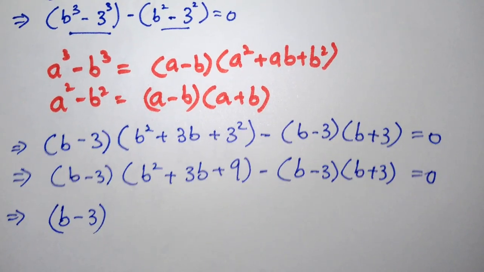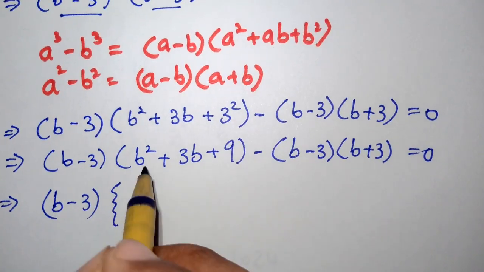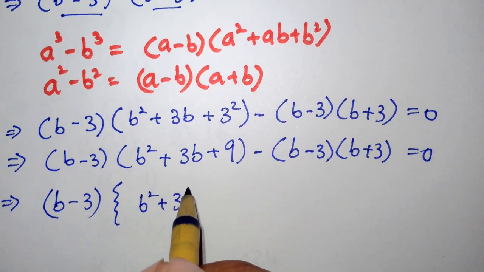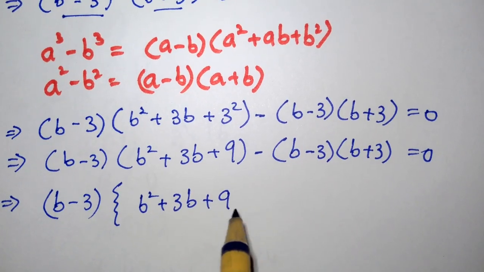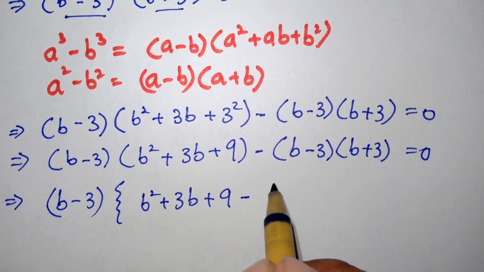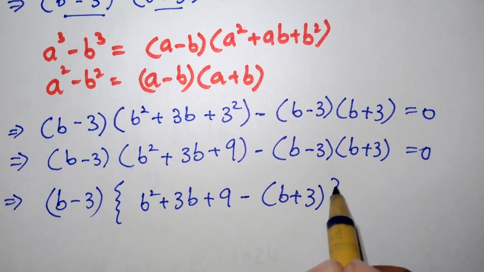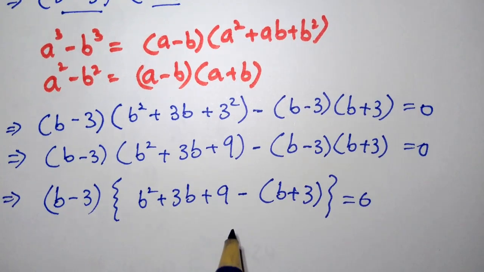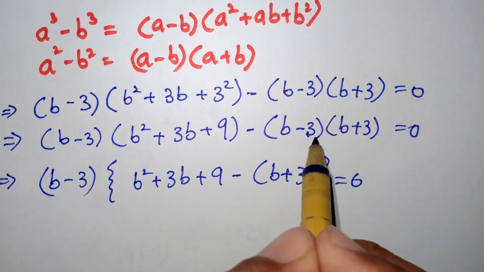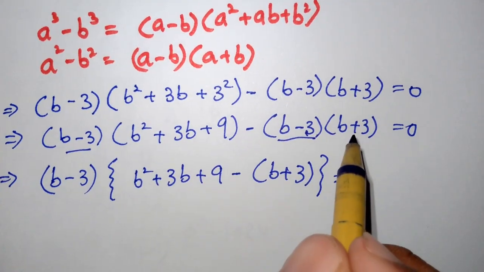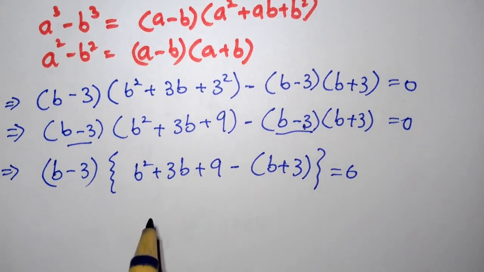This will become b square plus 3b plus 9 minus b plus 3 is equal to 0. Here this minus, b minus 3 and this b minus 3 taken as common, so here remains b plus 3.